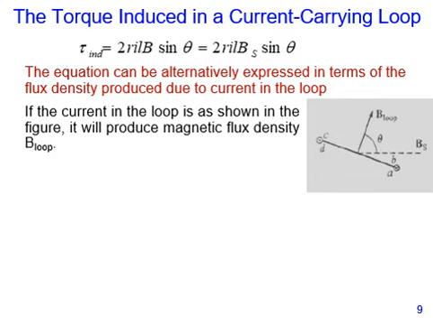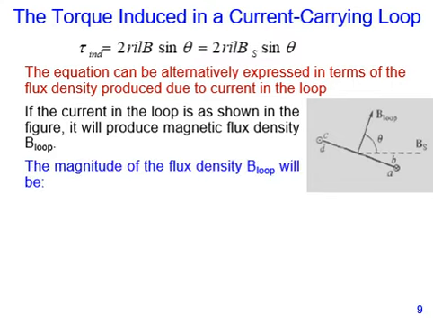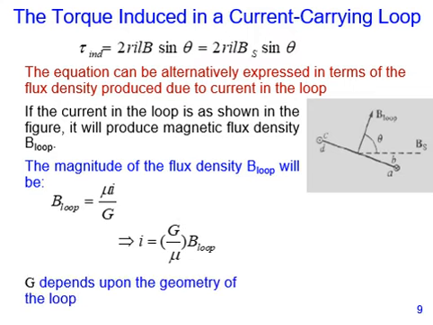This is called B loop. The magnitude of flux density B loop will be mu I over G, which shows that B loop is directly proportional to the current. If we simplify the equation for the value of I, it would be equal to G over mu times B loop, where G is the geometry of the loop.